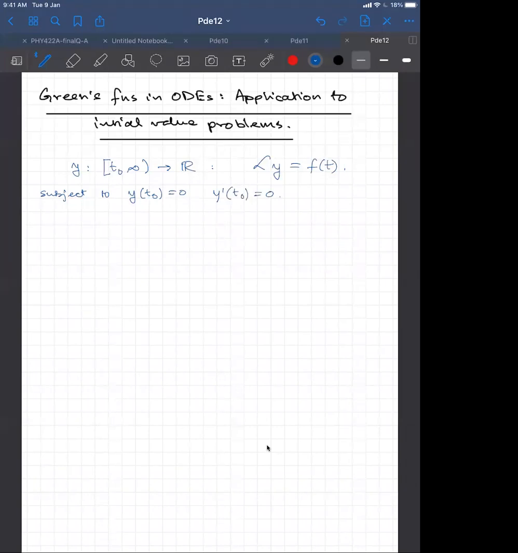The method of constructing the Green's function will be similar to what we did earlier in the case of a boundary value problem.